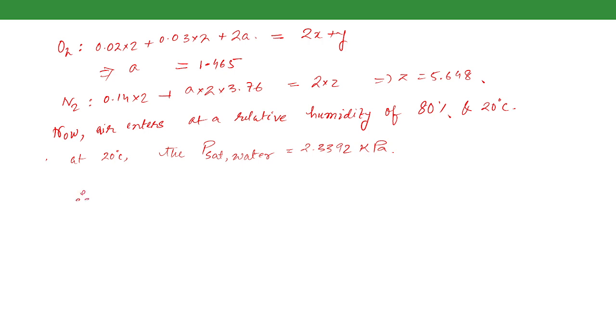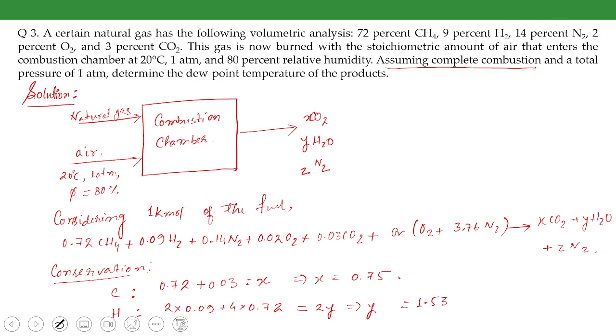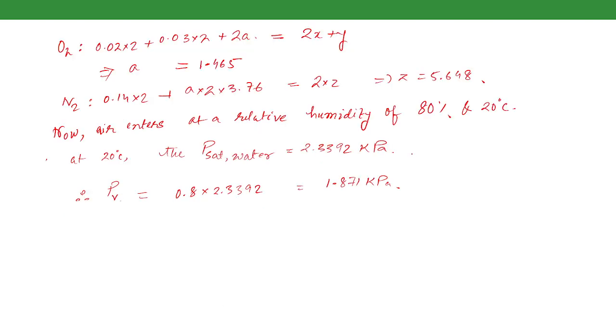Therefore, the vapor pressure in the air will be equal to 0.8 into 2.3392, so this is equal to 1.871 kPa. The total pressure is 1 atmosphere, that is 101.325 kPa. This pressure 1.871 is of the vapor.